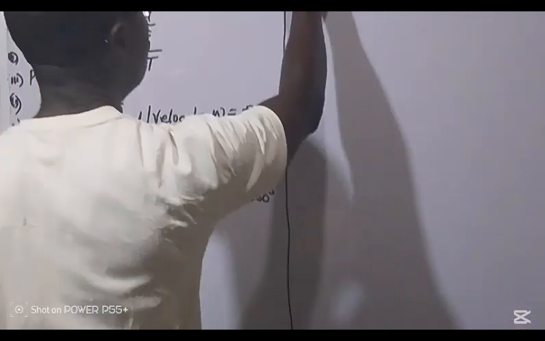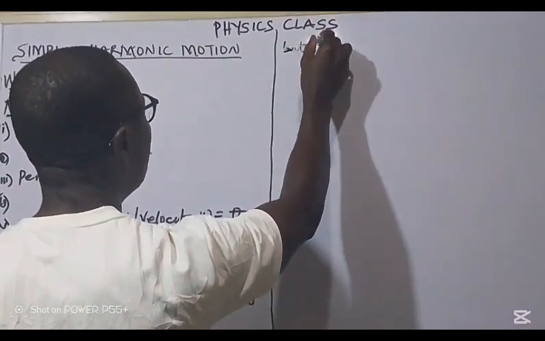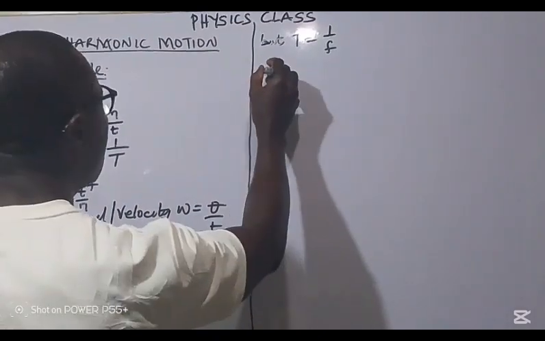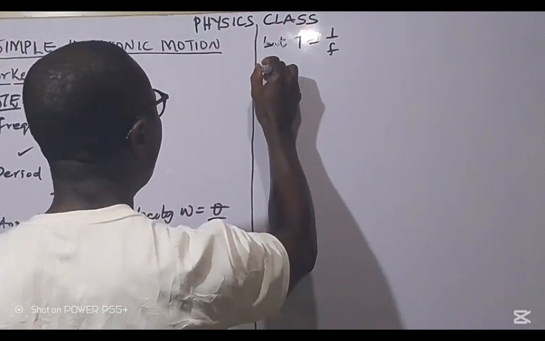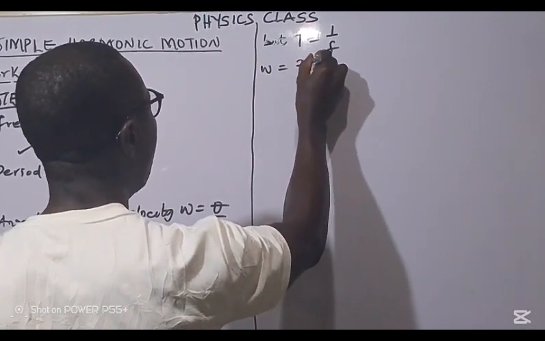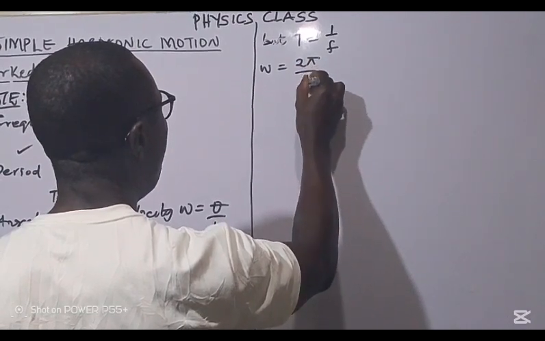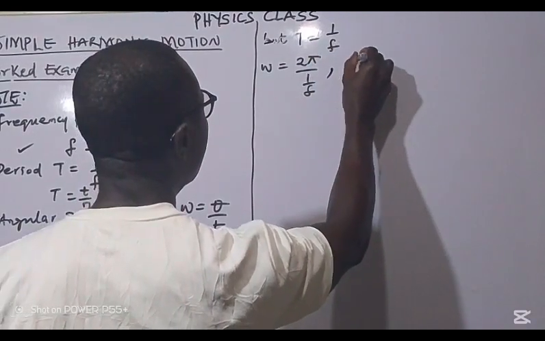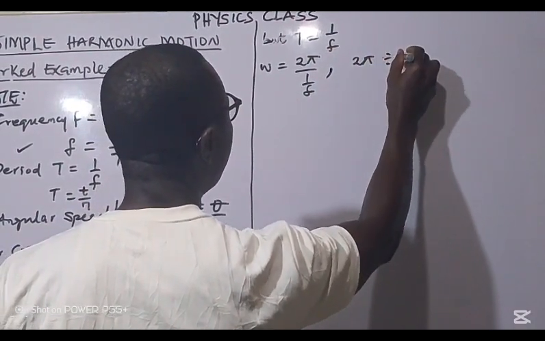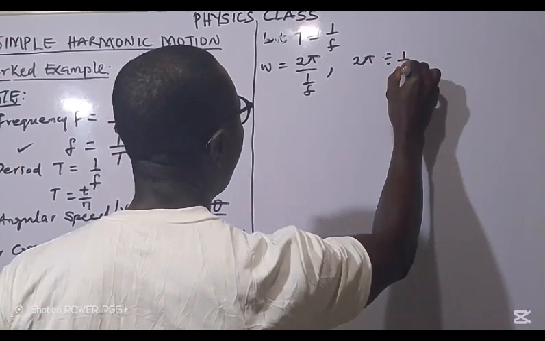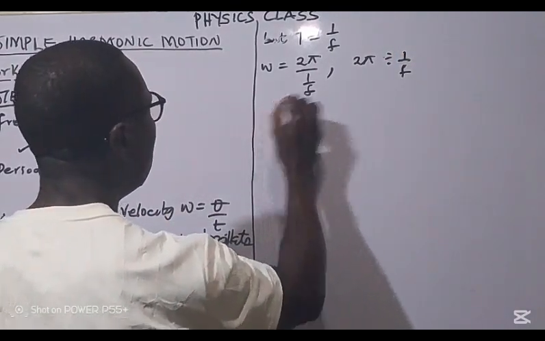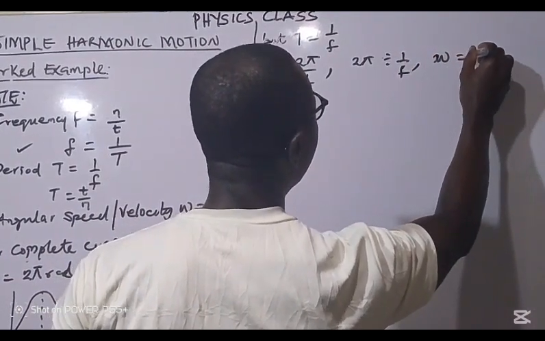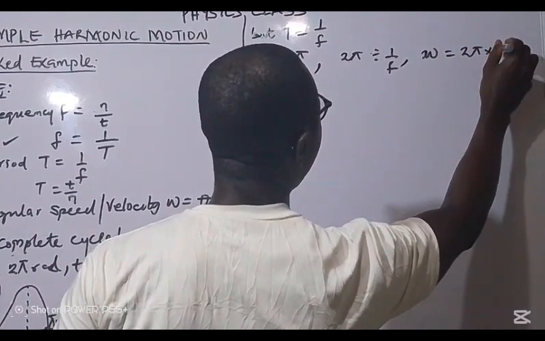Remember, we said T is equal to 1 over F. Therefore, we can now have omega equal to 2 pi over 1 over F, so omega will be equal to 2 pi multiplied by f.